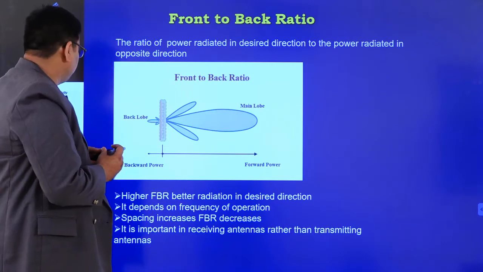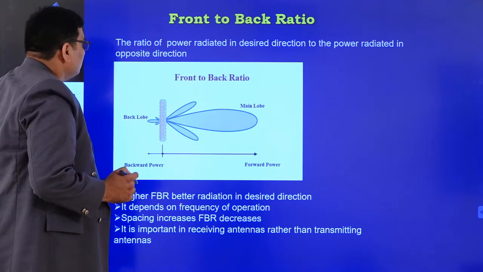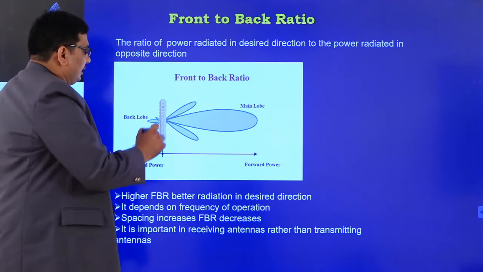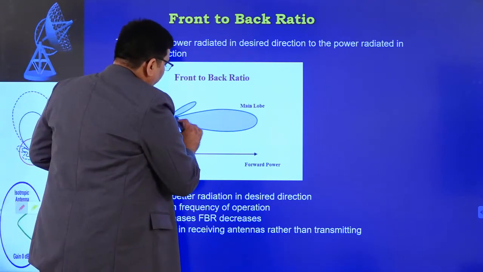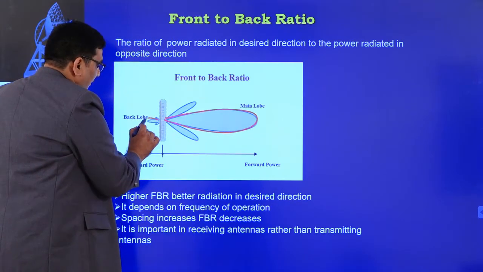And front to back ratio. This is defined as the ratio of the major beam to the back lobe. This is the main beam or main lobe, and this is the back lobe.